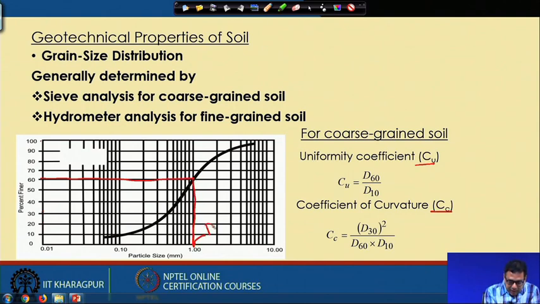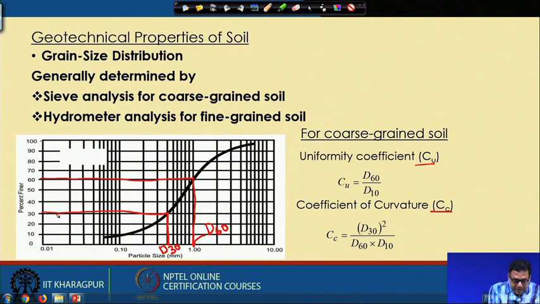Here this is termed as D60. So the particle size corresponding to 60% finer is known as D60, similar to D10 and D30. D30 means the particle size corresponding to 30% finer.